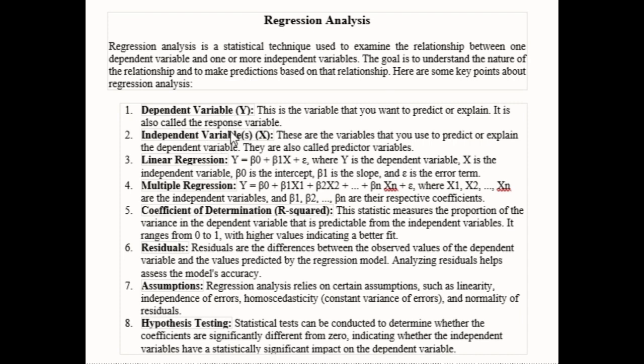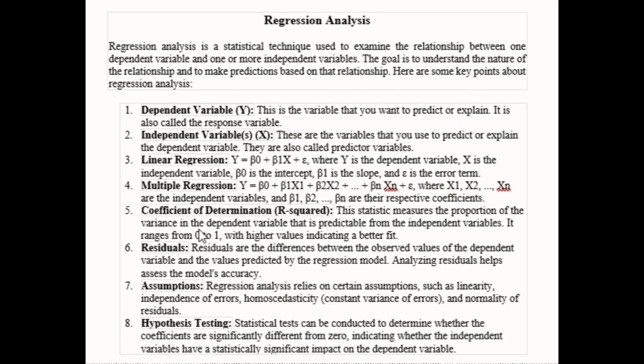And by using these variables, we have two types of regression: linear regression and multiple regression. Linear regression has one independent variable, and multiple regression has multiple independent variables. So that's why the name came from this variation, that one is called simple linear regression and the second one is known as multiple linear regression.